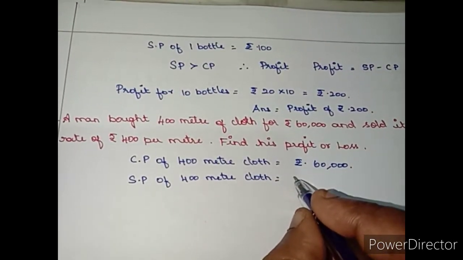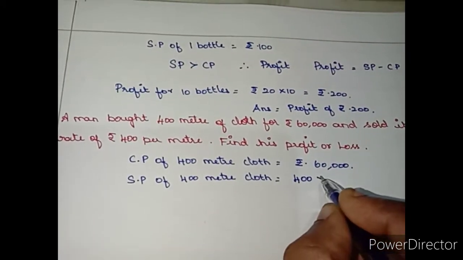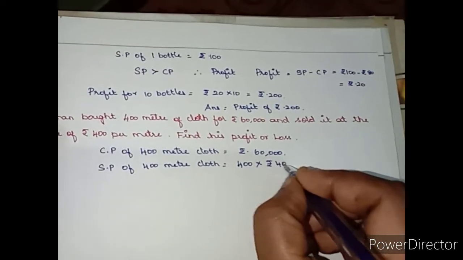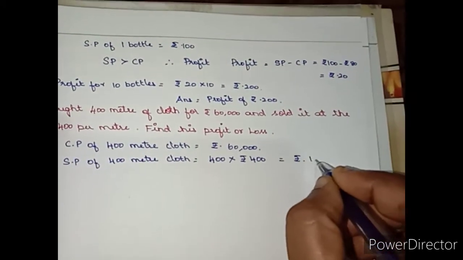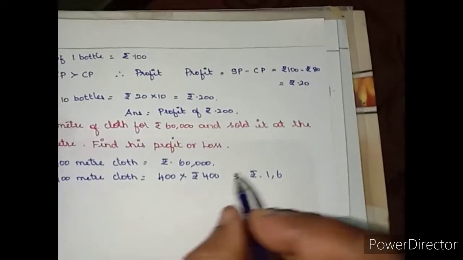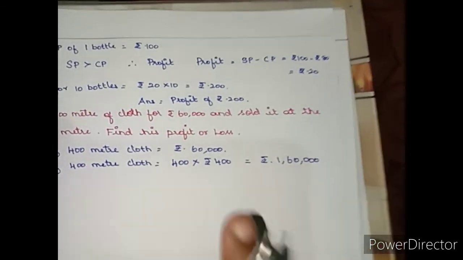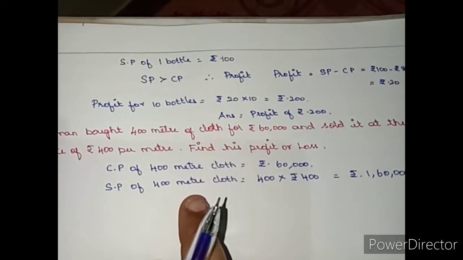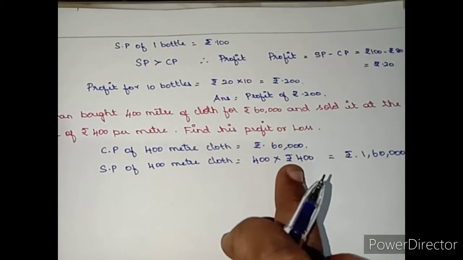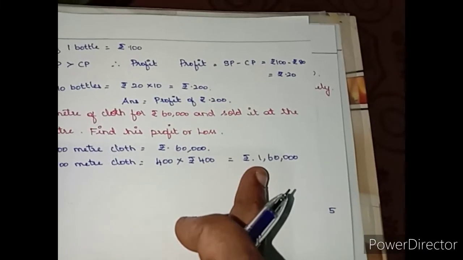So 400 into rupees 400. So this will be rupees 1 lakh 60,000. 4 4s are 16, right? 16, 1 lakh and 60,000 rupees. So the SP, the selling price of 400 meters of cloth, per meter he is selling for 400 rupees, so he'll be getting the amount rupees 1,60,000.